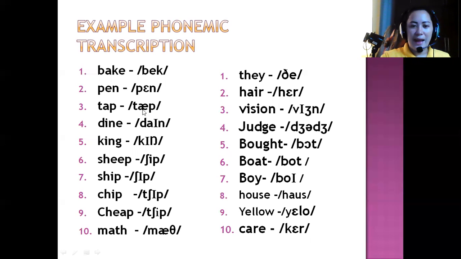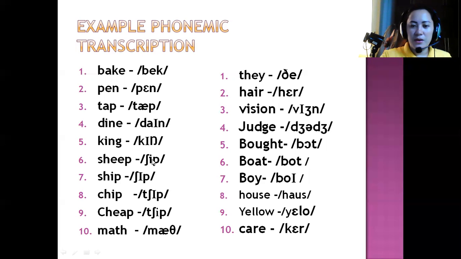Tap, we have the a. If you go to phonetic transcription, you have to include an h symbol here to mean that this sound is aspirated. So if it is the initial sound, there is an aspiration, like bake, pen, tap, dine, kin, sheep.